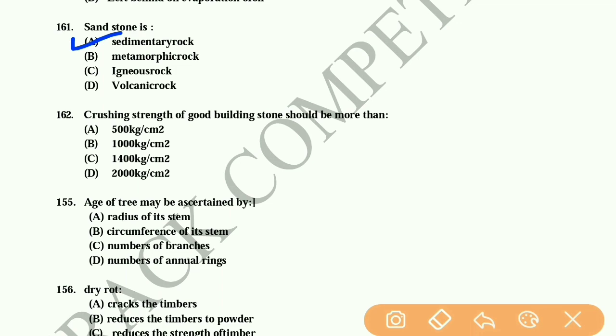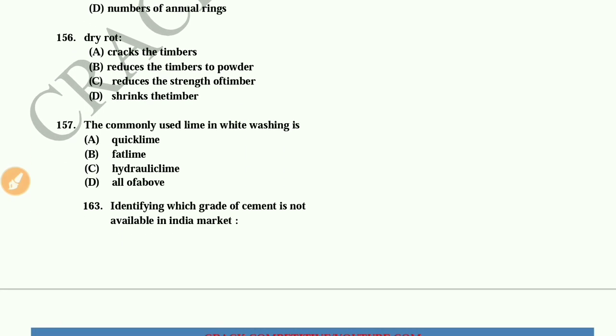Crushing strength of good brick stone should be more than 1000 kg per square centimeter, option B. Age of tree may be ascertained by number of annual rings, option D is right.